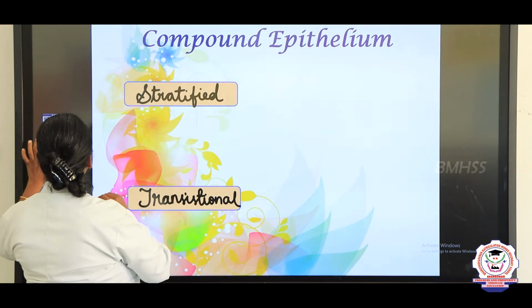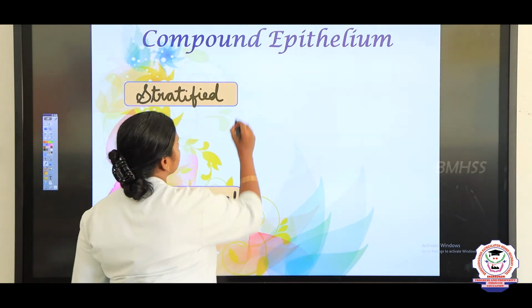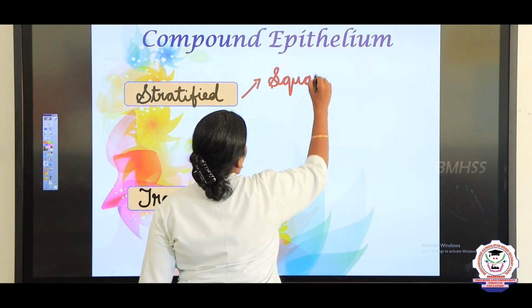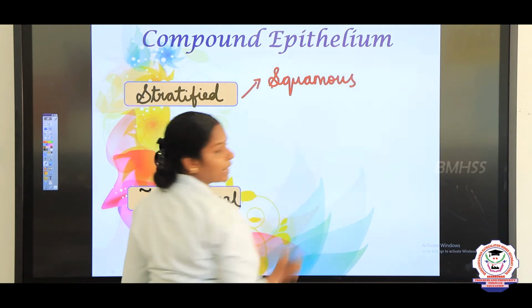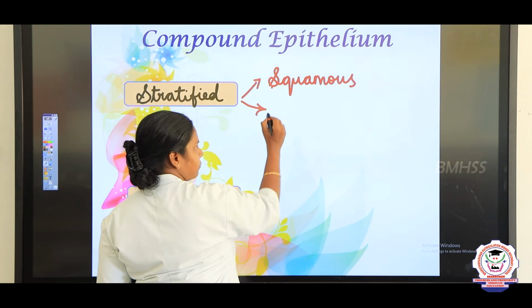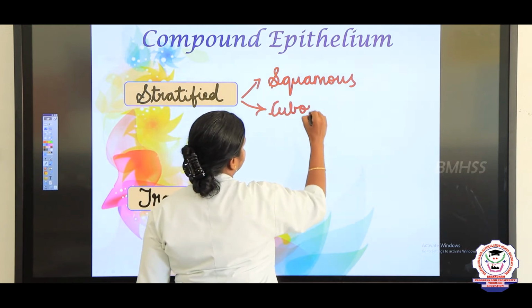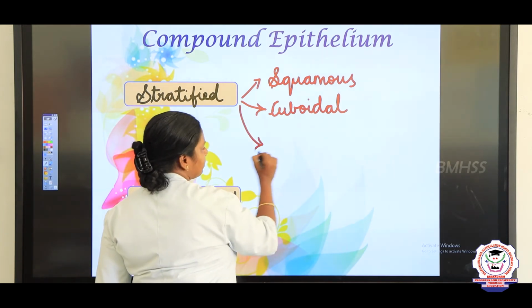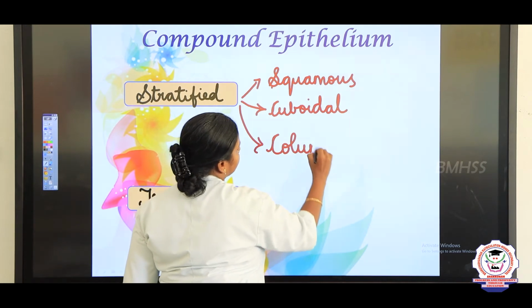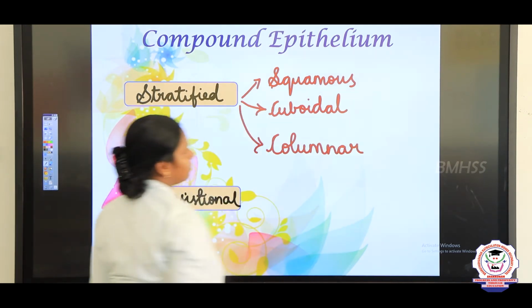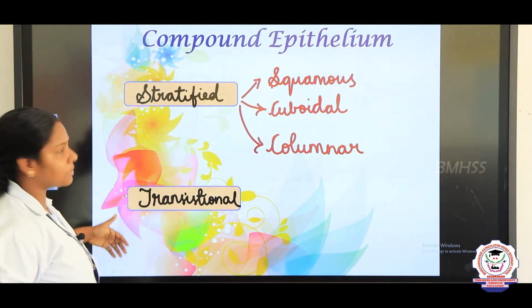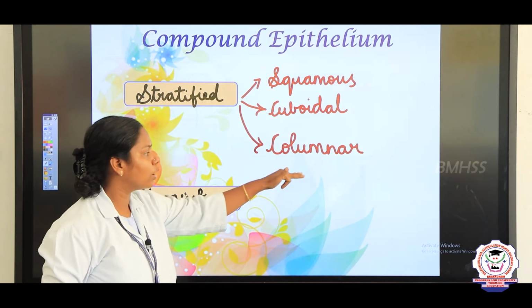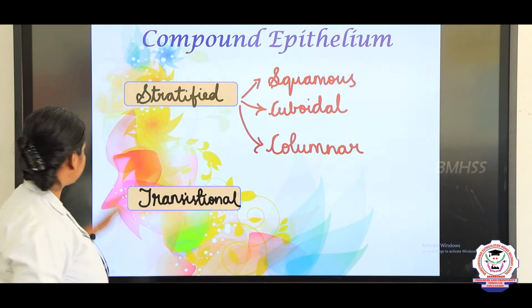Again, this stratified epithelium is divided into stratified squamous epithelium, stratified cuboidal epithelium, and then stratified columnar epithelium. So, what are the classifications of compound epithelium, children? Stratified squamous, stratified cuboidal, stratified columnar and transitional.